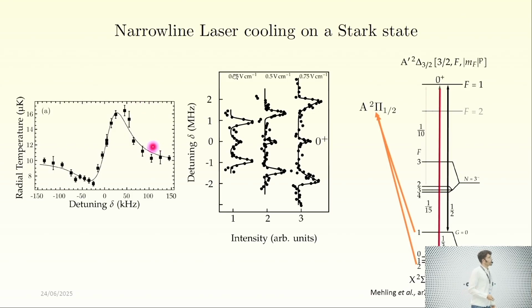But with this scheme, we see directly we have 10 microkelvin temperature here, and I told you before we can initialize it in the 2 microkelvin region. And the temperature increase arises from these broad repump lasers, which are always off-resonantly scattering, and so give rise to additional heating, and this is unwanted.